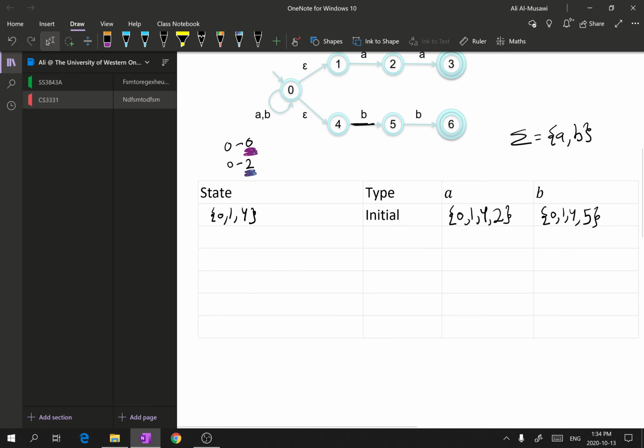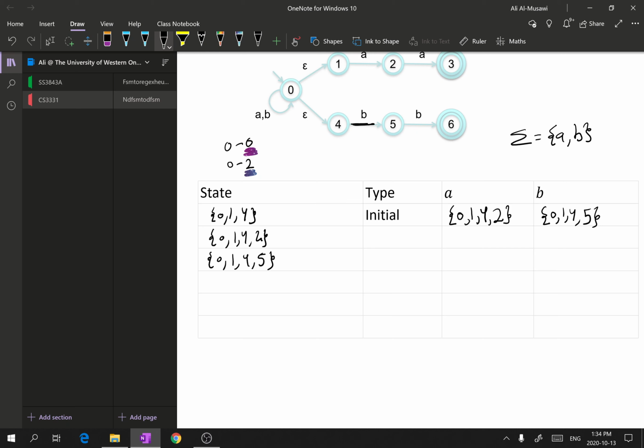Now, whenever you finish a row, you have to look for any new states that you added and add them to your state column. So here 0, 1, 4, 2 is new, so I have to include it. Similarly, 0, 1, 4, 5 is new. Okay. Now, yeah, that's good.